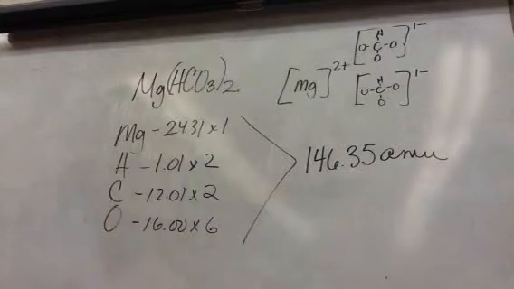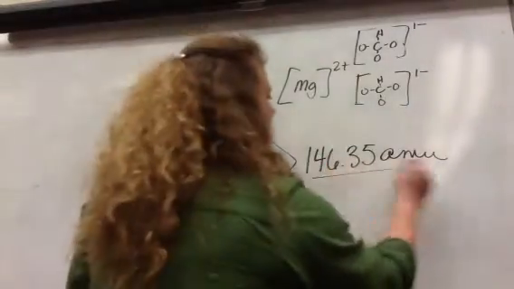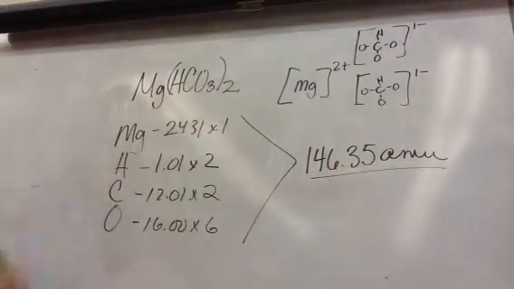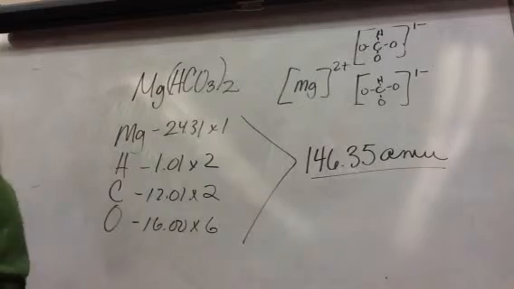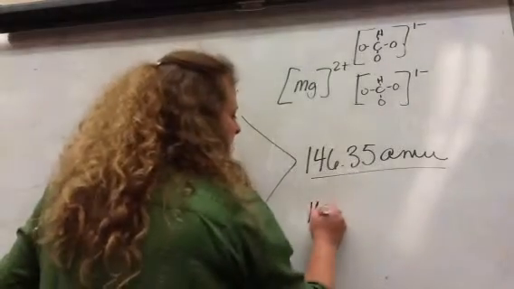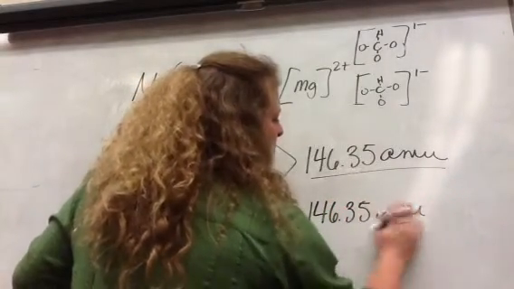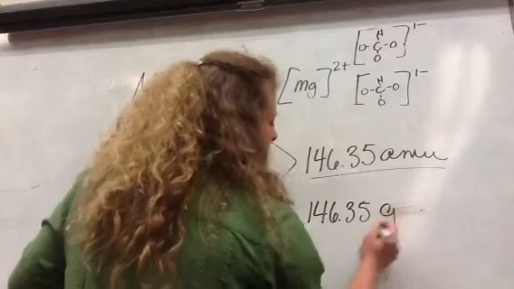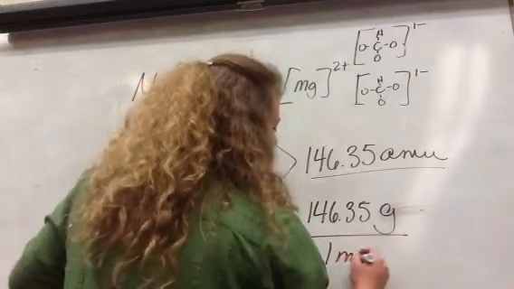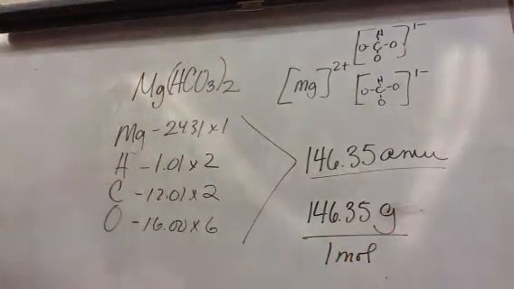That's okay. As long as we're in AMUs, we're talking about formula mass or molecular mass. If we want to talk about molar mass, we're saying that there are 146.35 grams in 1 mole of this stuff.